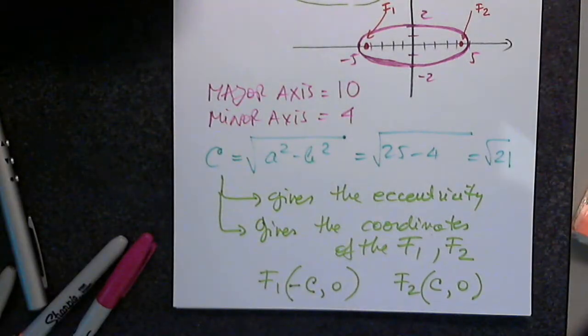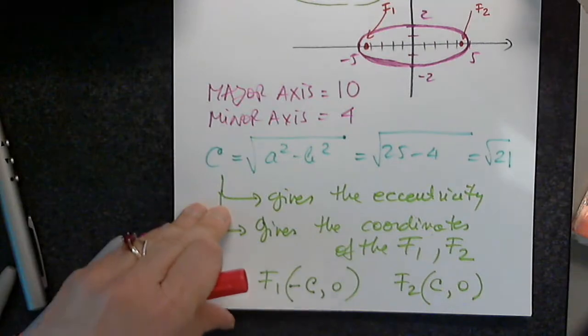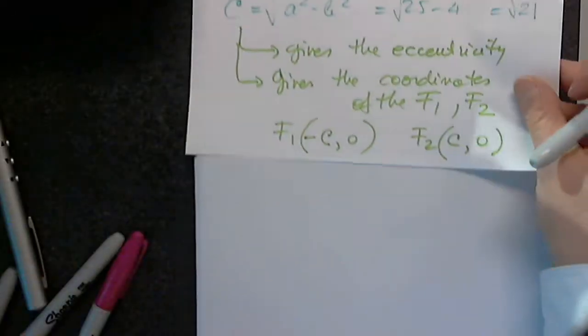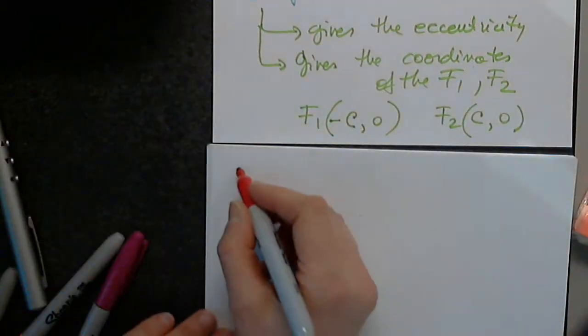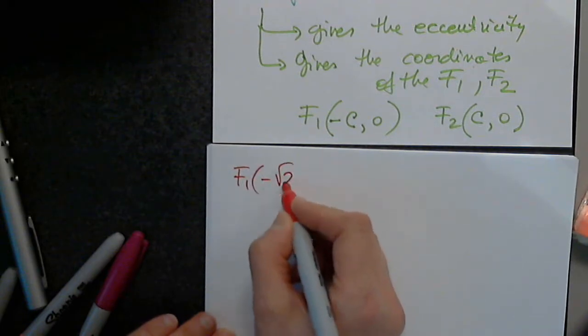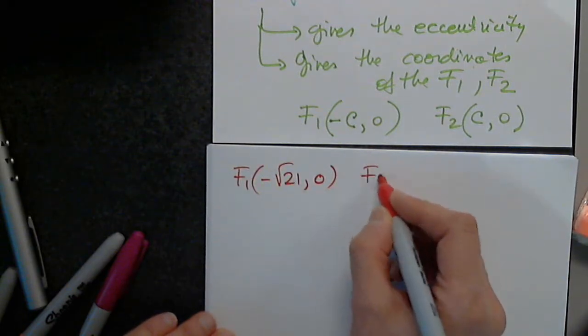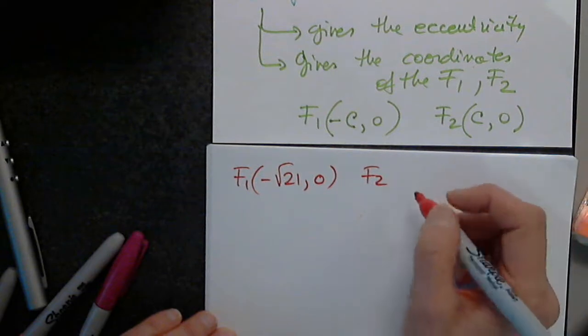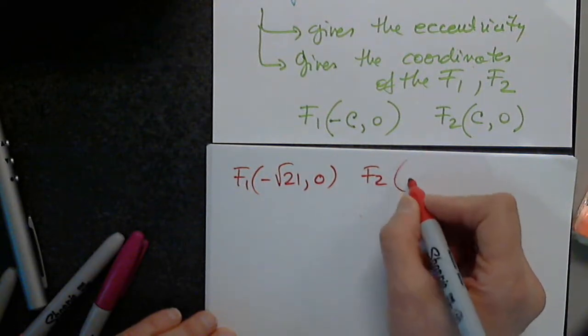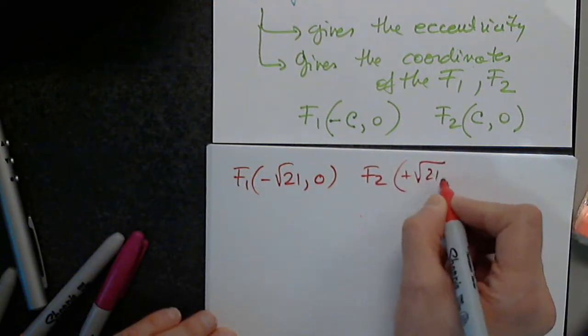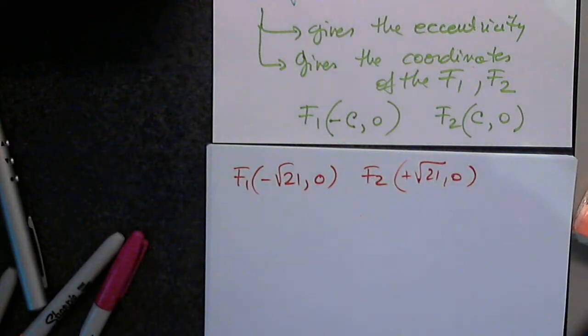Okay, so let's see what we have answered so far. One more time, I will write that F1 is negative the square root of 21, comma 0, and F2, the coordinates of the other focus, is positive the square root of 21, comma 0.